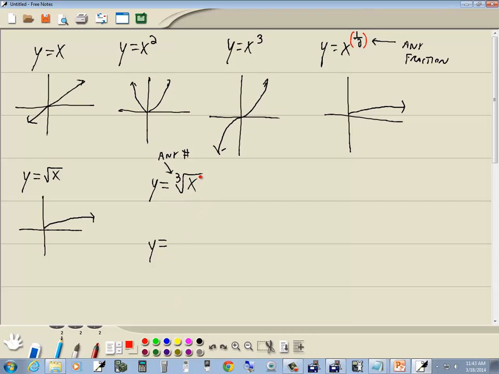If I were to put a power here, this is x to the first. You can rewrite this as x to the 1/3 power. Whatever power is inside here, that's what goes up on top. And then whatever your index is, whatever number is in the slot, is what goes in your denominator.